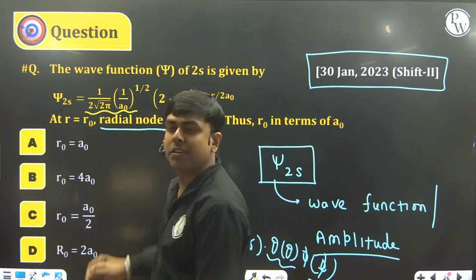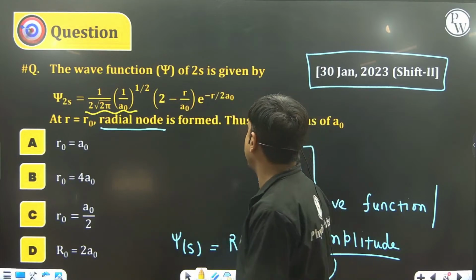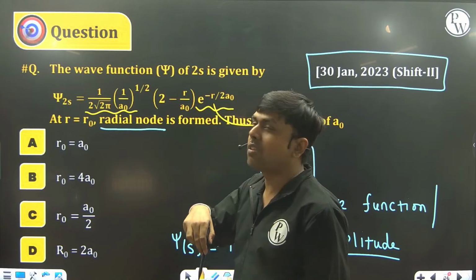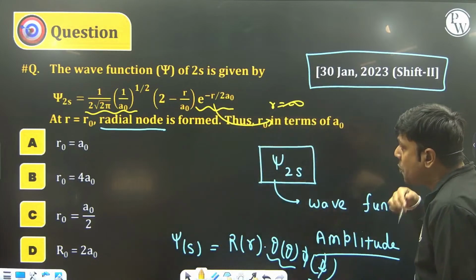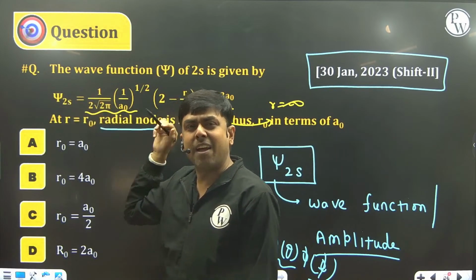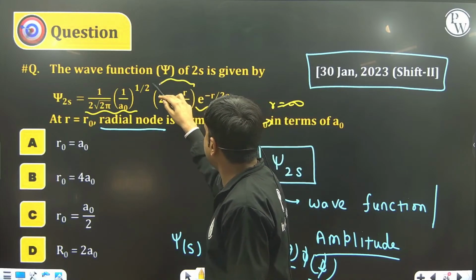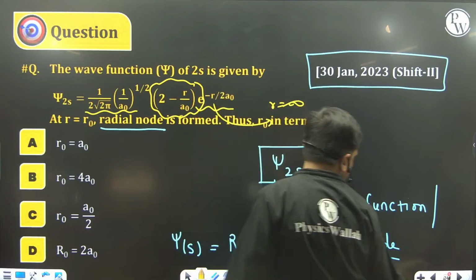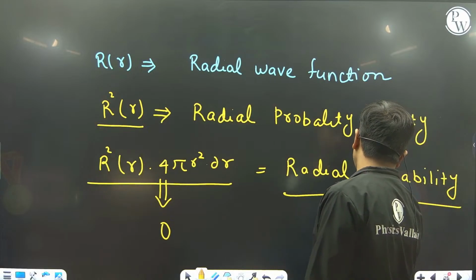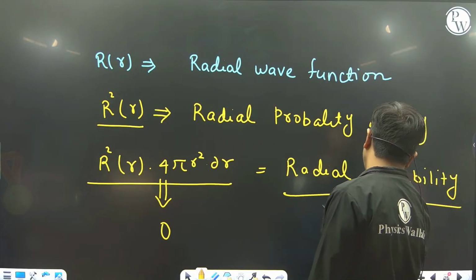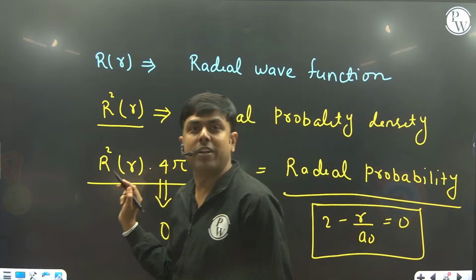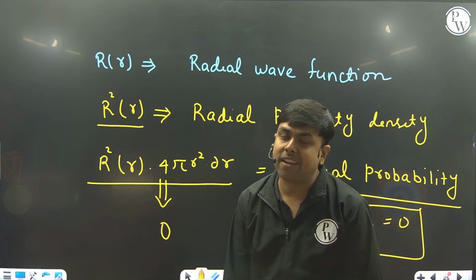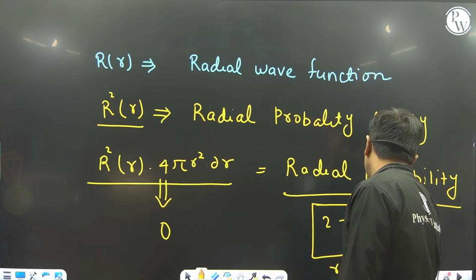This one cannot be 0 at any cost because it's a constant, and this one will be 0 at r equals infinity. Even if I square it, the function will have a value of 0 only when 2 minus r upon a naught equals 0. At this distance, our radial probability will be 0 and I will get a radial node. What's the value of r? It's 2a naught.